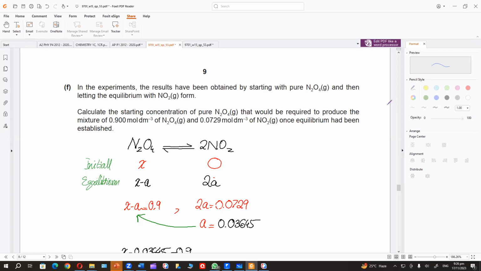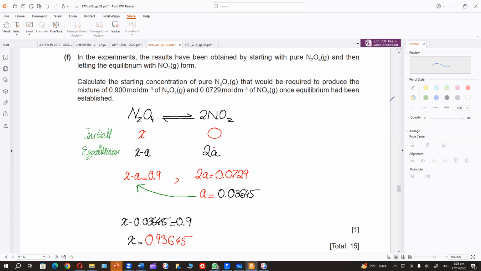So we do our AS calculation. We suppose initial is X and NO2 is 0. At equilibrium, A moles shift to the right, so the other side will become 2A. So we put the values as he has given us and we solve to find X. You have to copy this calculation.